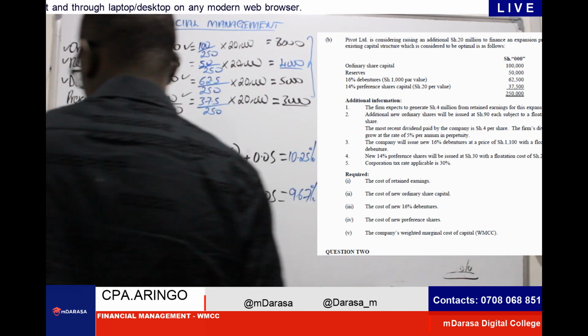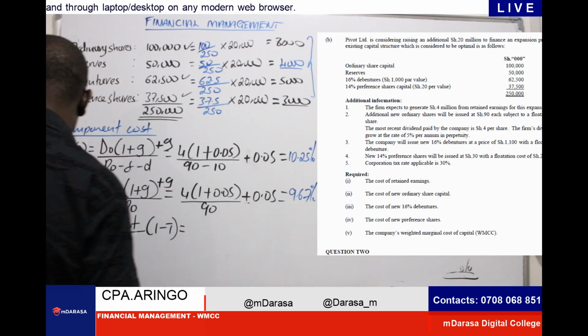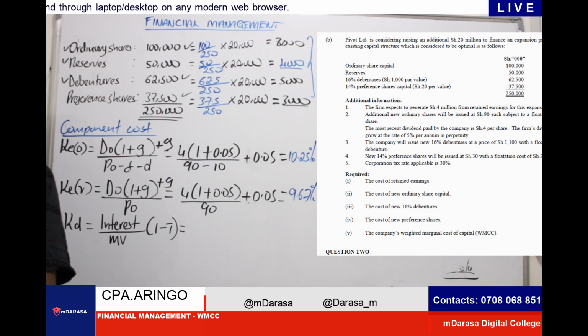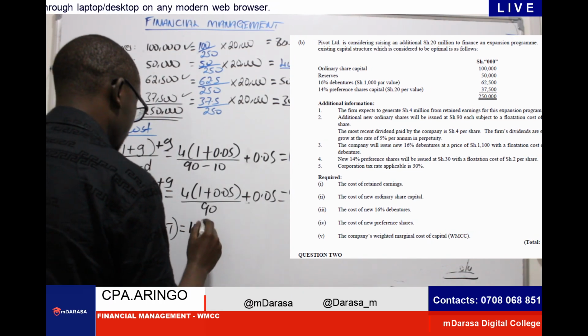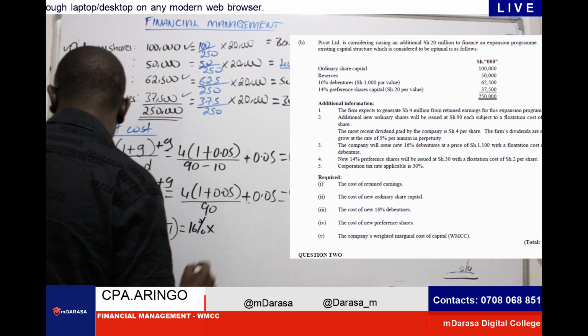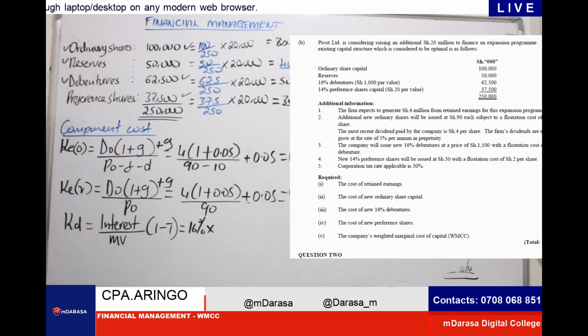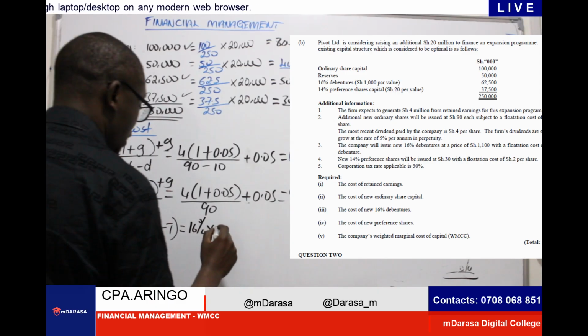The component of interest will always be determined on the par value. Like in our case, we have our interest, which would be 16% of the par value of these debentures. Looking at our optimal capital structure, we're given 1,000.